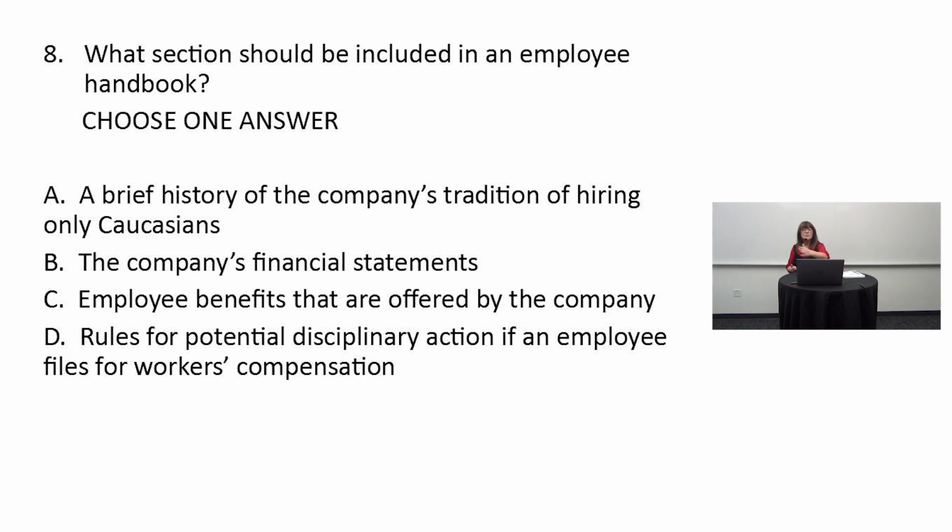D, rules for potential disciplinary action if an employee files for workers' compensation. Okay, number 8. What section should be included in an employee handbook? Answer we're looking for is C, employee benefits that are offered by the company.